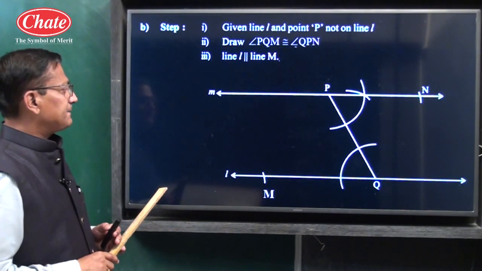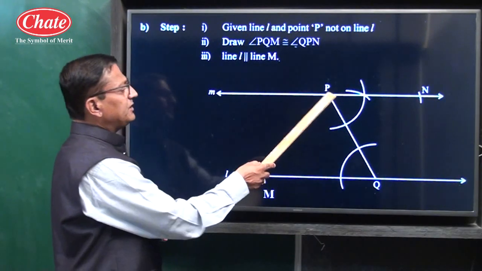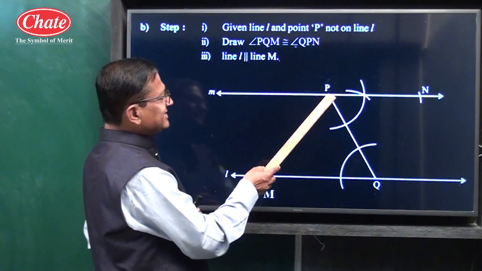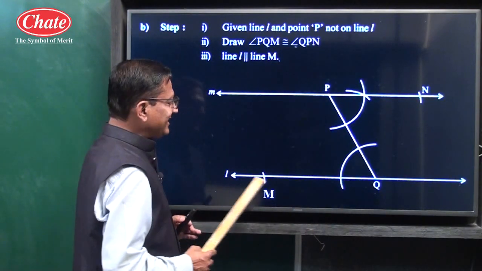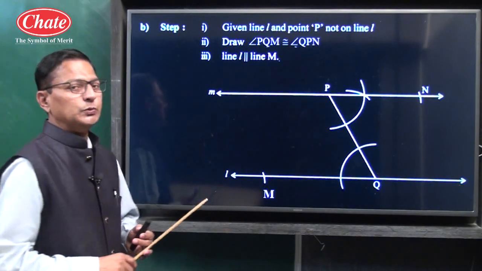Another method is there. For example, see here, line L is here and point P is here. First, draw a line segment PQ. Take any point Q on the line and draw line segment PQ.